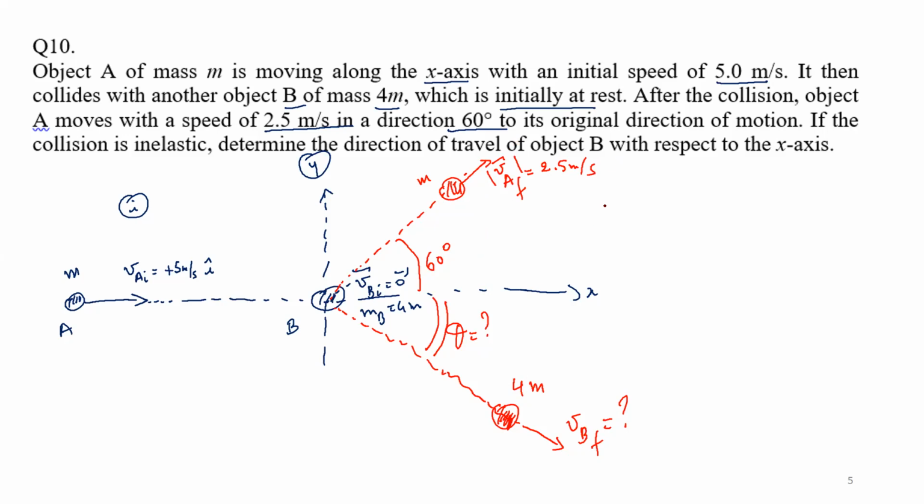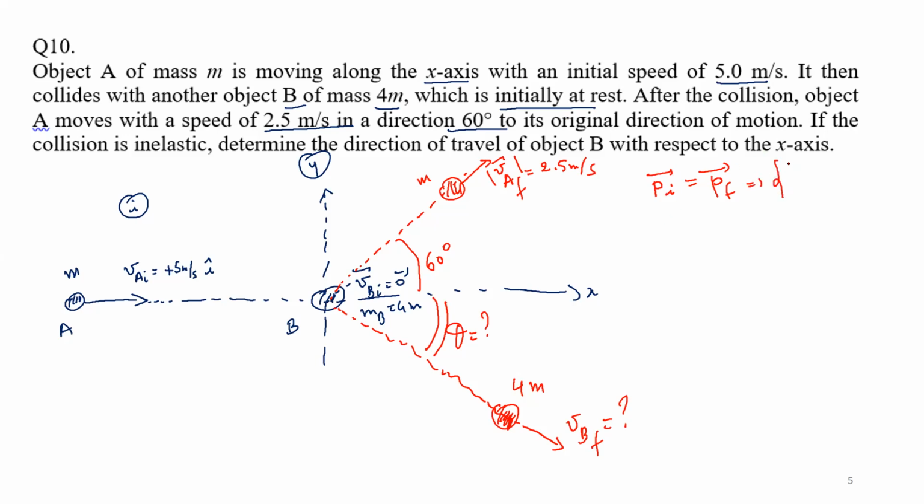So how to solve this? It's a collision, elastic or inelastic collision. I always have conservation of linear momentum. So total linear momentum initial is equal to total linear momentum final. And now here is a glancing collision, so this is true along x, but also along y.